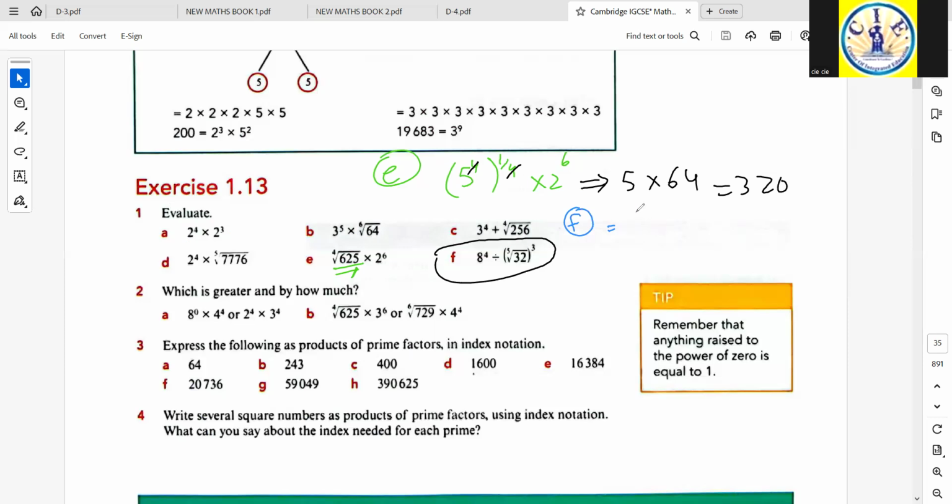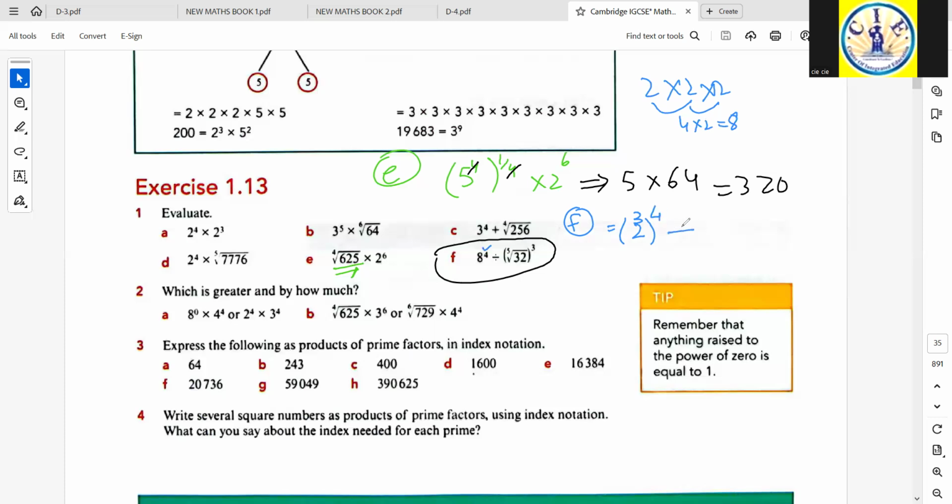We know that 8 can be written as 2 raised to the power 3, because 2 multiplied with itself, 2 twos are 4, 4 twos are 8. So 2 raised to the power 3 would be 8. Now I need to have its whole power 4 as well.